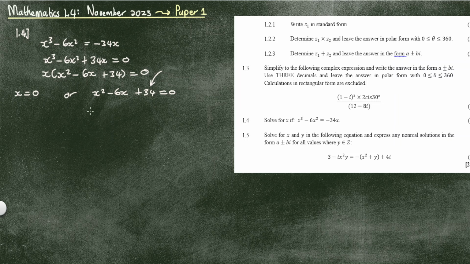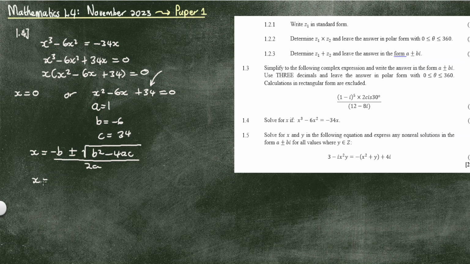Complex solutions. So I'm gonna pull out my a value, my b value, my c value as well, 34, and then plug all the values into the quadratic formula: x equals minus b plus minus the square root of b squared minus 4ac, over 2a.